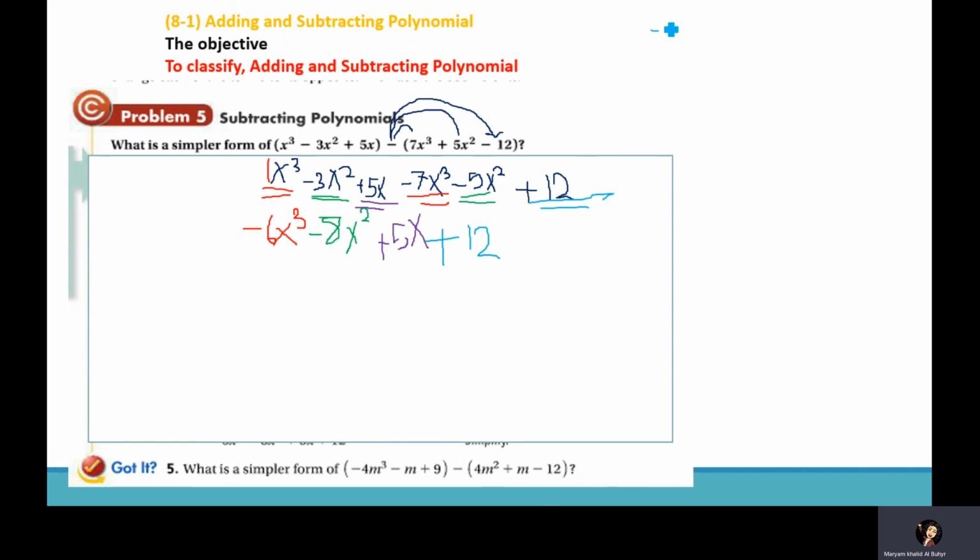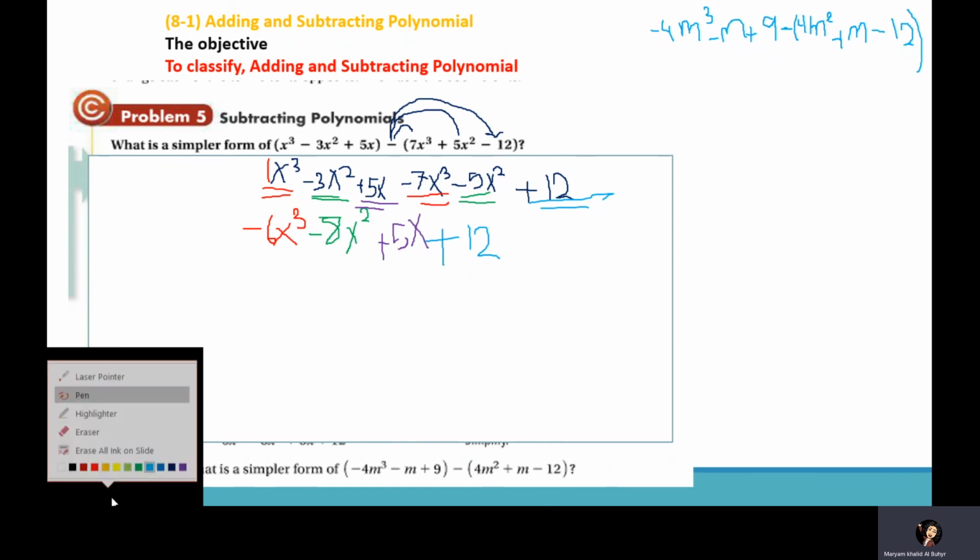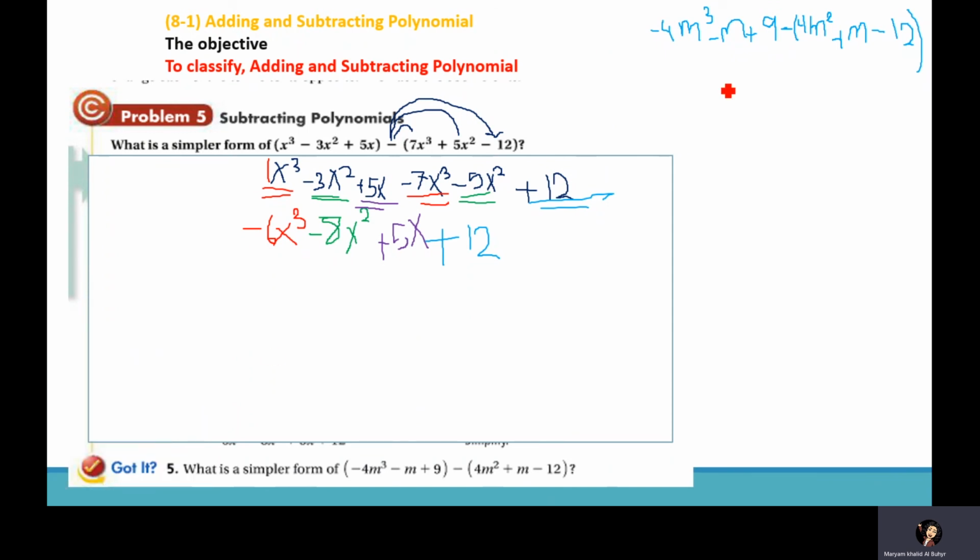So I have negative 4m3 minus m plus 9 minus 4m2 plus m minus 12. Since I have parentheses again here, even if they say subtract or add, I am not worrying about them.